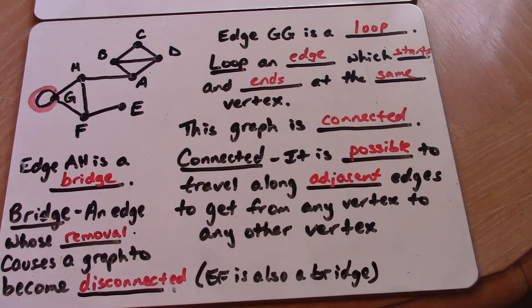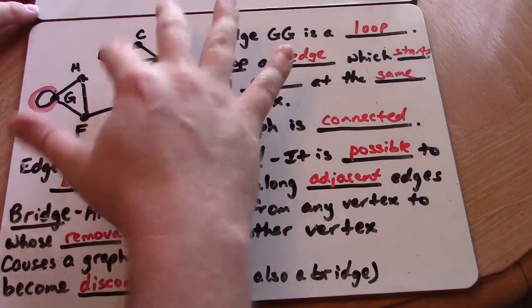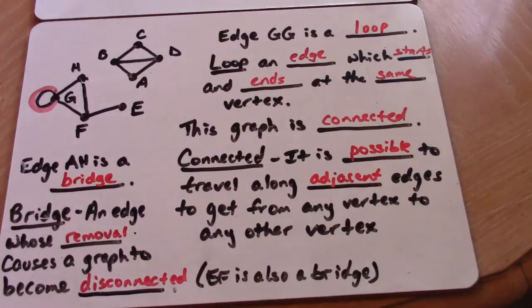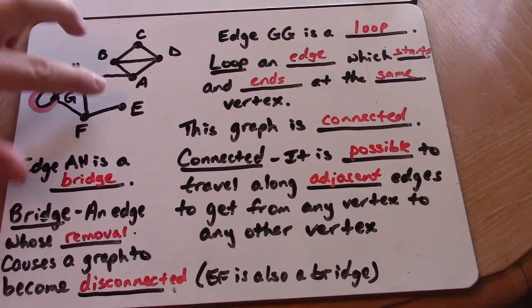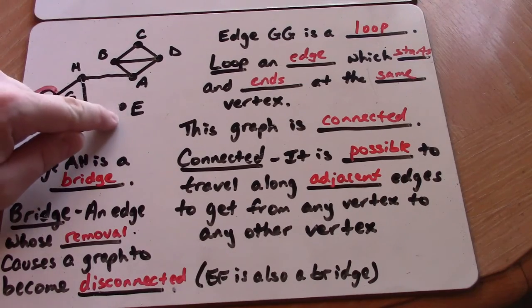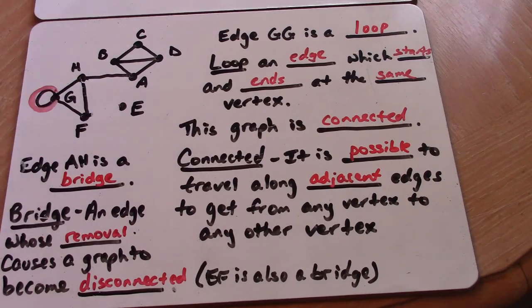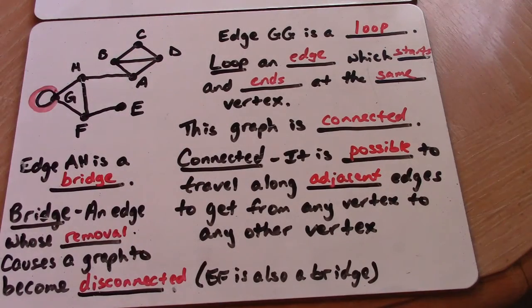Notice that if I remove edge AH from the graph, I now have two separate pieces to that graph. I have A, B, C, and D up here, and I have E, F, G, and H down here, and they are not connected to each other. The same thing could be said if I removed edge EF instead. That disconnects vertex E from the rest of the graph, making EF a bridge. A bridge, again, is an edge whose removal causes a graph to become disconnected.